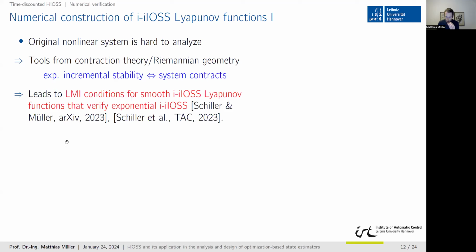I will show you in brief in the following how we can also extend that to the case with inputs and outputs, so that we can find an input-output-to-state stability Lyapunov function. In the end, this will result in LMI conditions in the case that we have a smooth ISS Lyapunov function, and in case that we actually have an exponential ISS property. So for this special case, this can be reformulated as LMI conditions, as I will show you now.